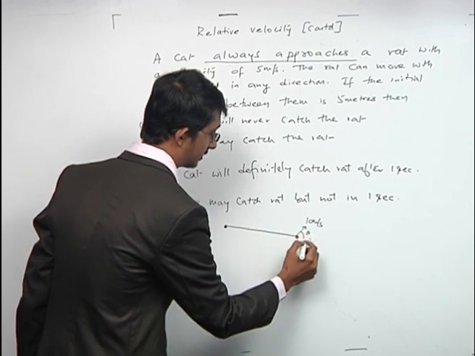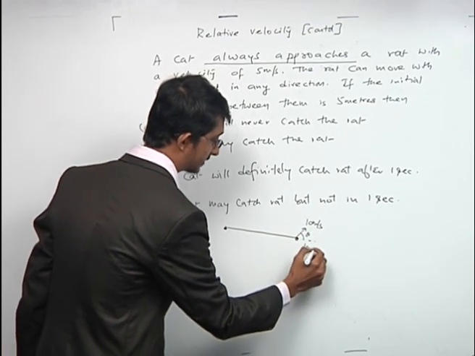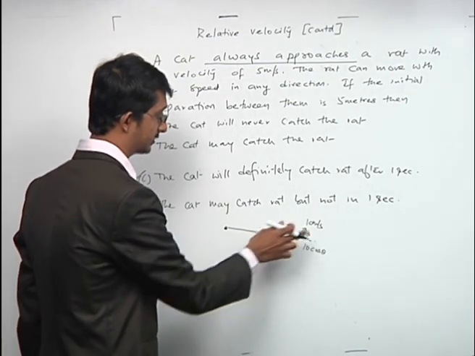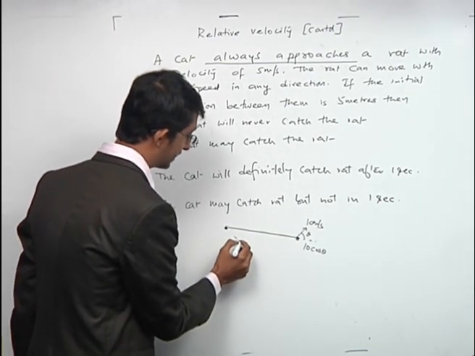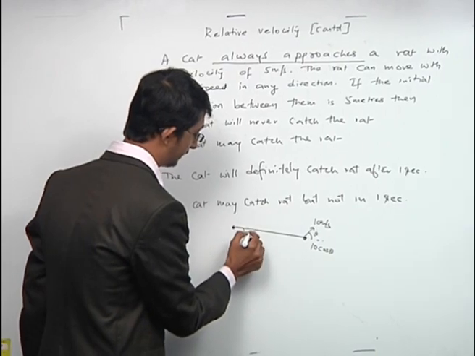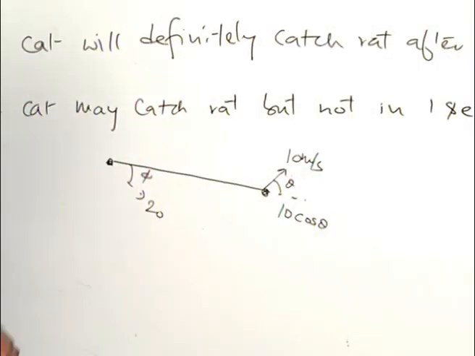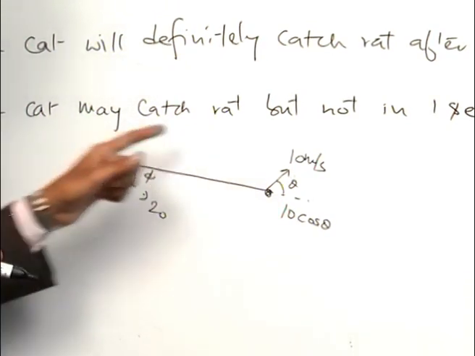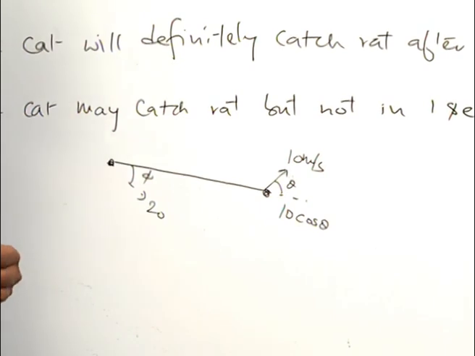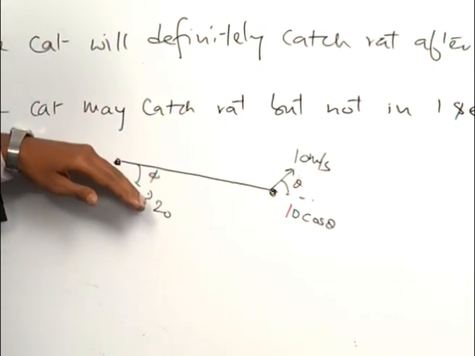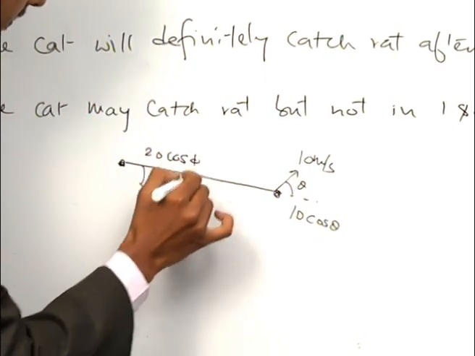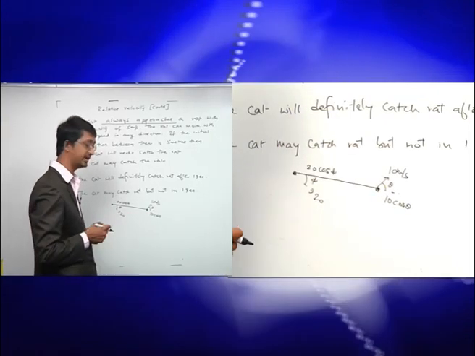Its velocity along the line is 10 cos theta, the component of velocity along that line. Similarly, if the cat is moving with 20 and this angle is phi, the cat's velocity along that line is 20 cos phi. Along this line, see how fast they are closing in. So the cat's velocity is 20 cos phi, the rat's velocity is 10 cos theta.